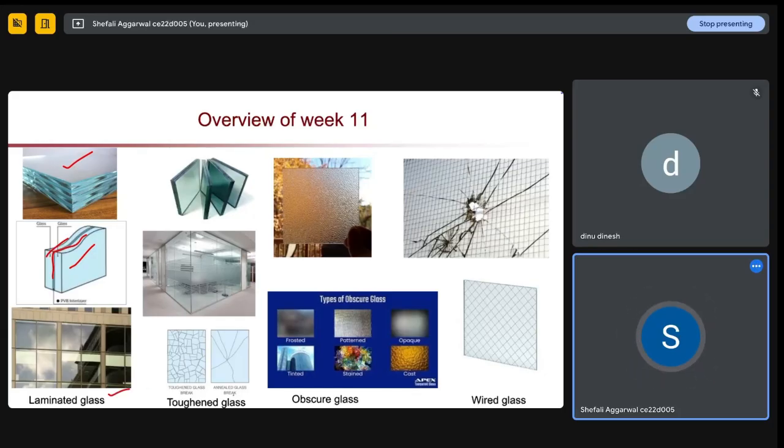Then we have toughened glass, also called tempered glass. In normal glass, it is heated, melted, slowly cooled down, and then given a shape.